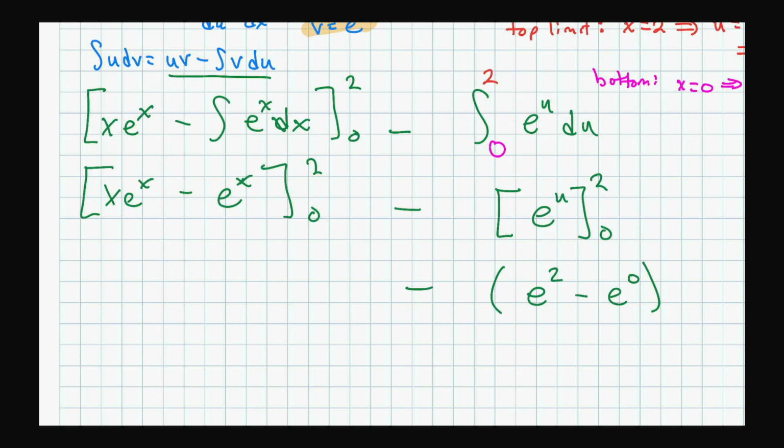We just did integration by parts. Okay, so now from here, you have to evaluate between 2 and 0. So you have 2e to the 2 minus e to the 2 when you plug in a 2, and then minus 0e to the 0 minus e to the 0 when you plug in 0.